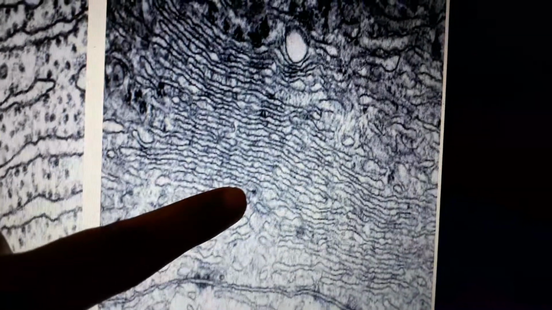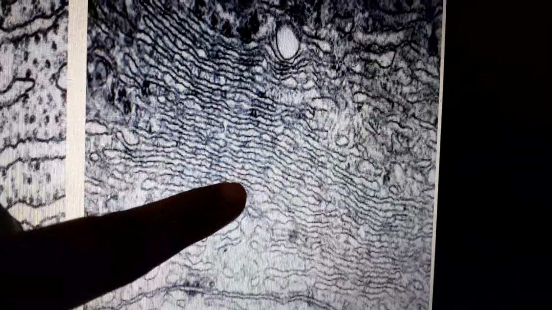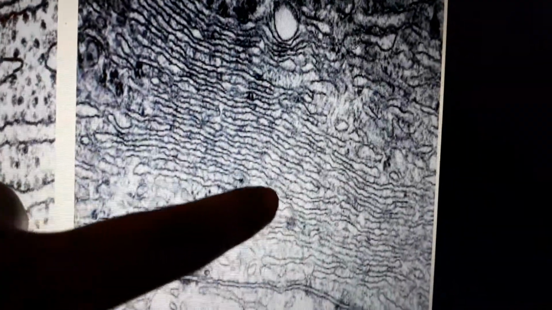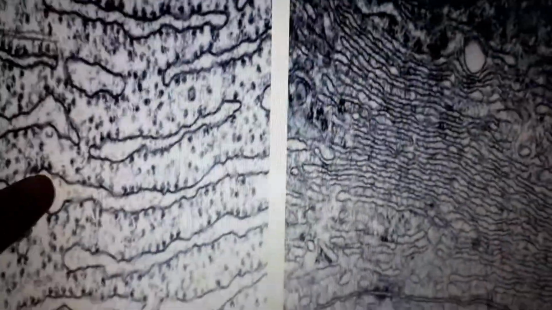When you observe the structure here, there are no ribosomes, and the tubes are very smooth. So this is called the smooth endoplasmic reticulum because it does not have granules like ribosomes on it.